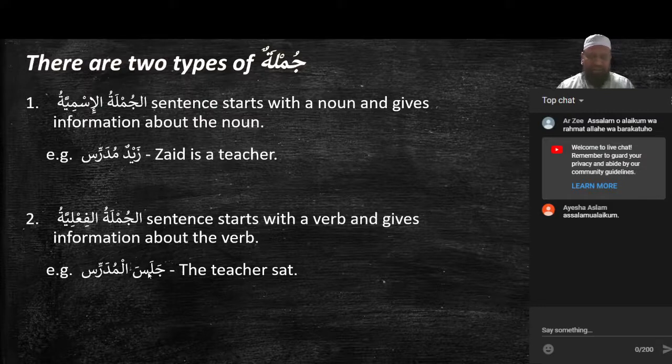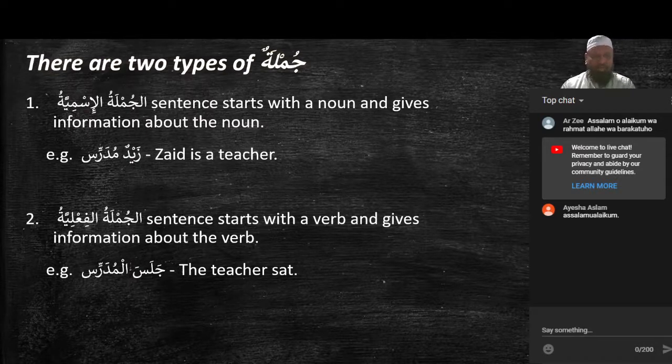Because the fi'l is a doing word, we get information about the fi'l, means who is doing it. Al-mudarris. Our teacher sat. Who did the action of sitting? The teacher. So the teacher is information of sitting. So these are the only two types of jumla we get in Arabic.